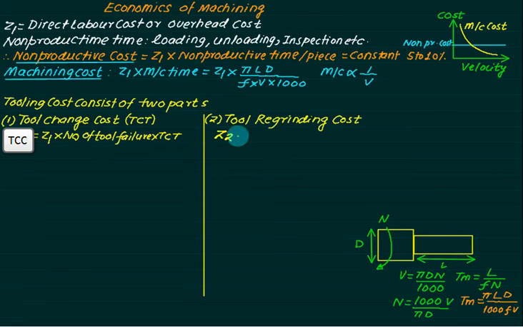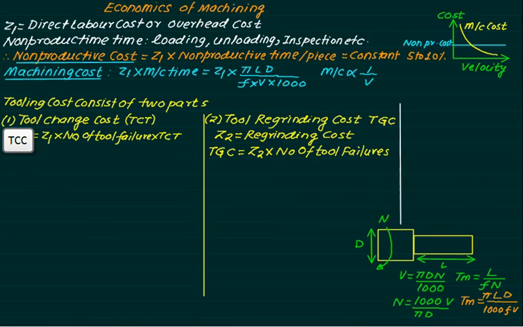And what is the regrinding cost? Every time you regrind, you require another labor. So we have a second payment required for regrinding labor. We call it Z2 as the regrinding cost. So the regrinding cost is simple. We will represent this by TGC. So TGC is equal to Z2 multiplied by how many times the tool will fail, that is equal to the number of tool failures.